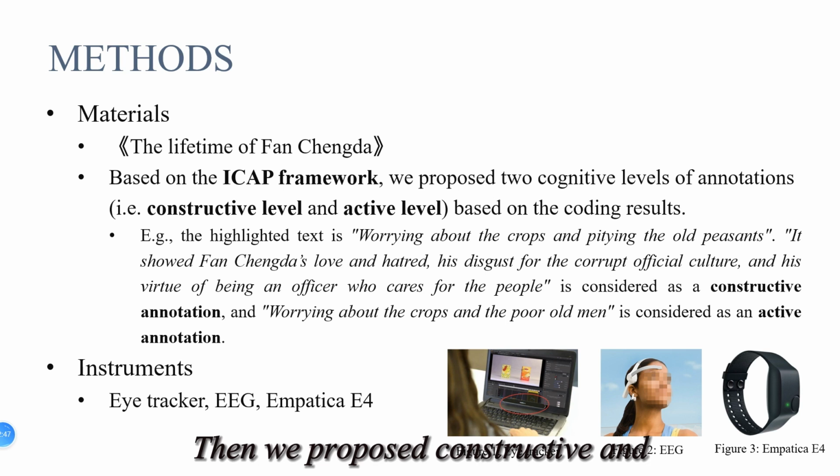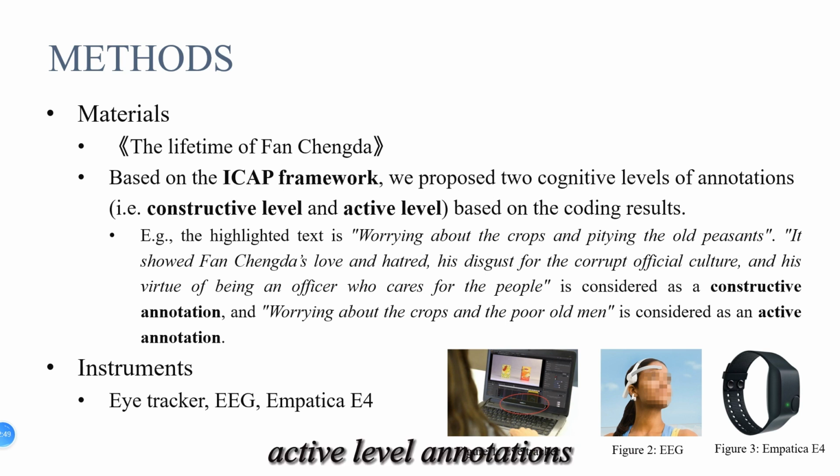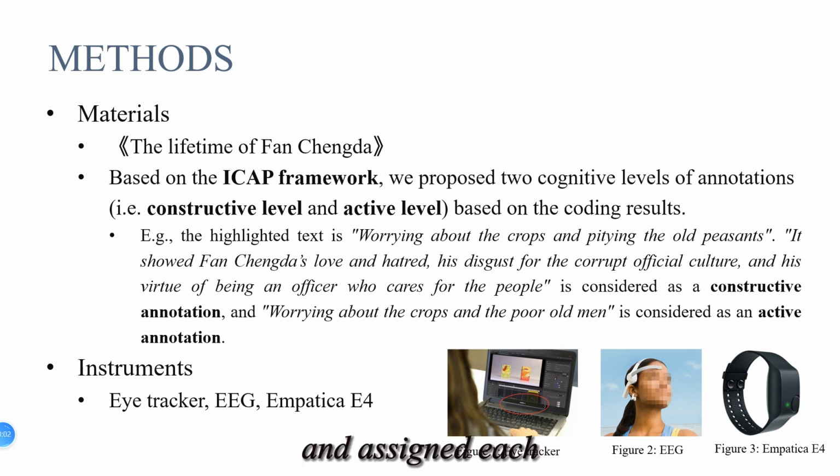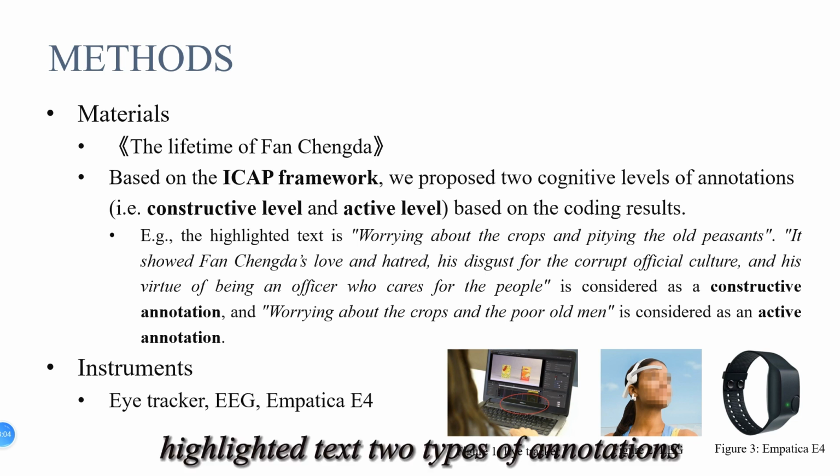Then, we proposed constructive and active-level annotations based on the coding results. We discussed and designed 13 phrases as highlighted text and assigned each highlighted text 2 types of annotations.